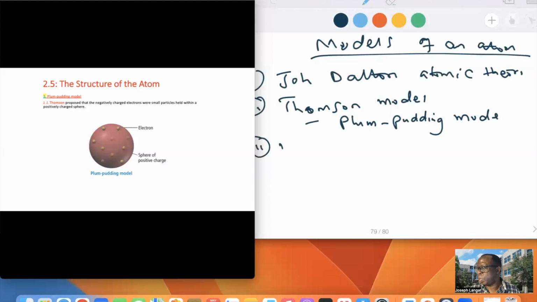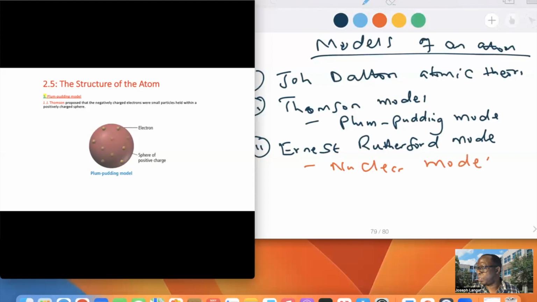Three, Ernest from New Zealand, Rutherford model. We'll see later on. This is called the nuclear model. 1, 2, 3, 4 here.